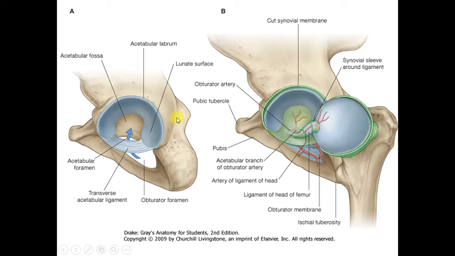The acetabulum is concave in nature, and the convex head of the femur joins into it. But as in the shoulder joint, where the glenoid cavity is shallow, here to deepen the cavity there is another structure, the acetabular labrum, placed so that the cavity is deepened to fit the head of the femur.